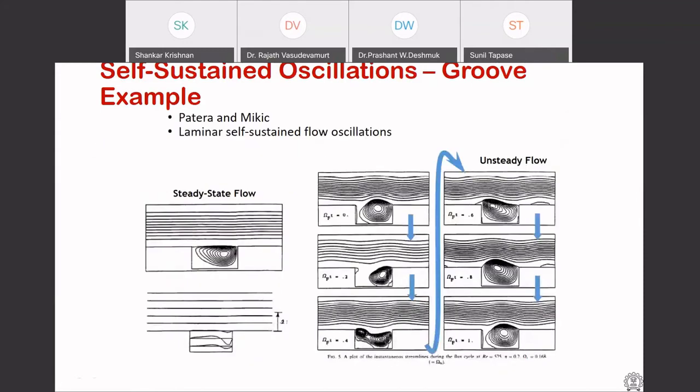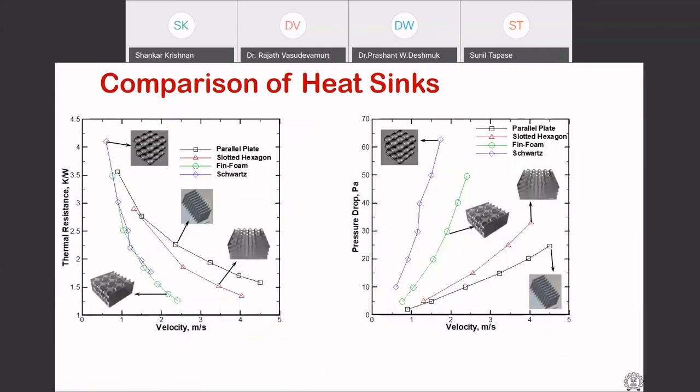And again, this is another example from the MIT group showing how the sequence happens. There is a pocket of flow that got separated, and then they start to interact. Now compare these three different geometries that we've been talking about. One is the parallel plate heat sink.